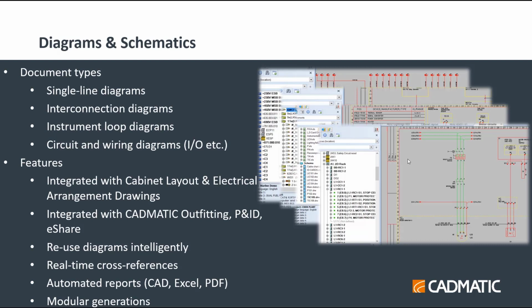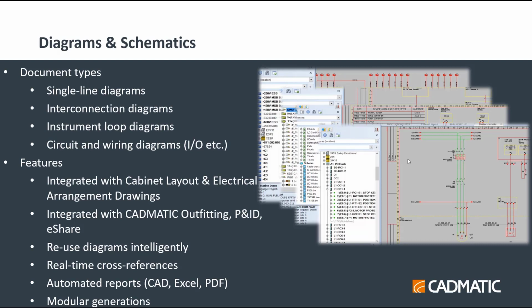And regarding some of the features you have seen today, we have integration with cabinet layout and electrical arrangement drawings. The electrical is also integrated with CADMATIC outfitting, P&ID, eShare. We can always reuse the diagrams that we have drawn intelligently, or we can reuse the information we have defined.